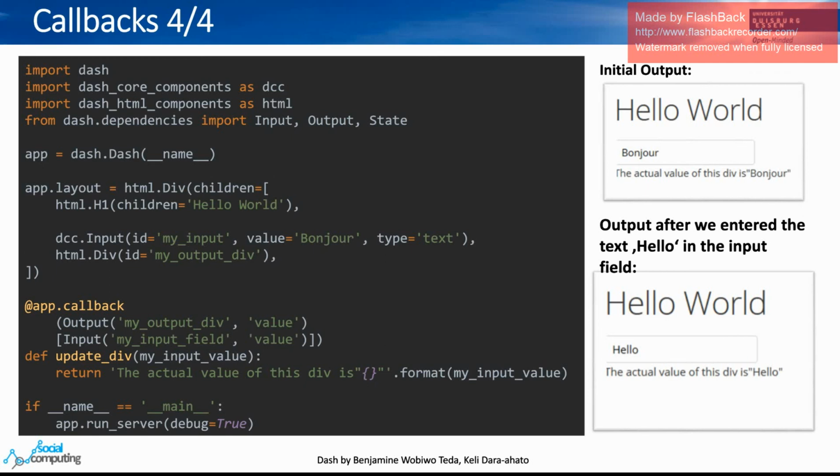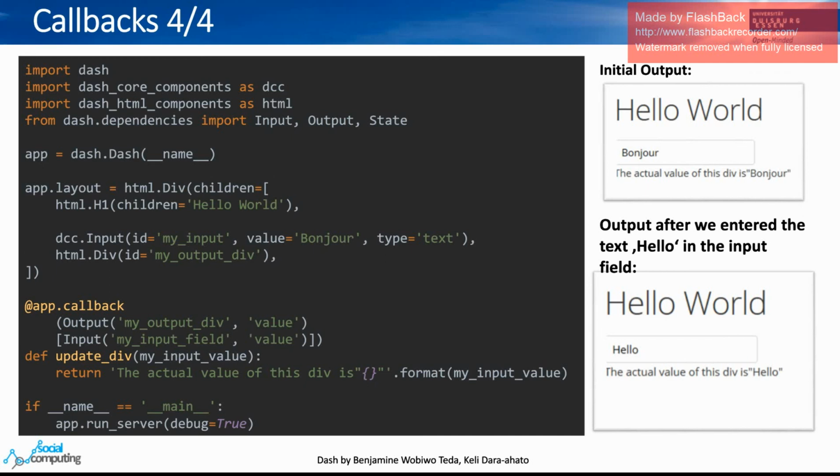In the input of the app callback function, we add the ID of the input field declared below and also its value. Then in the main function, we return the value, the actual value of this div is, plus the input value of our input field.